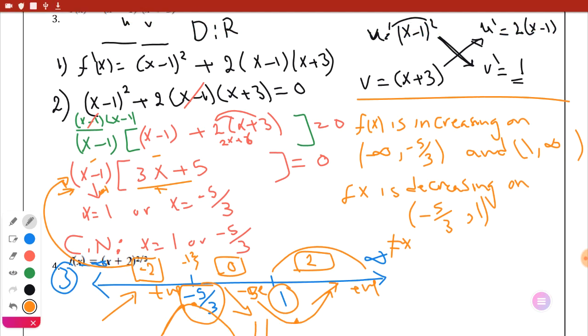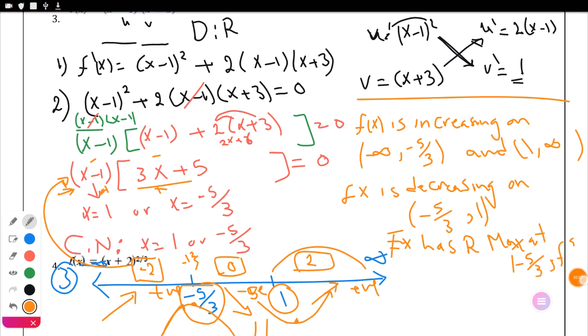So f(x) has a relative maximum at negative 5 over 3, and f of negative 5 over 3.